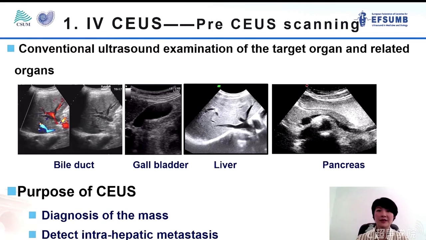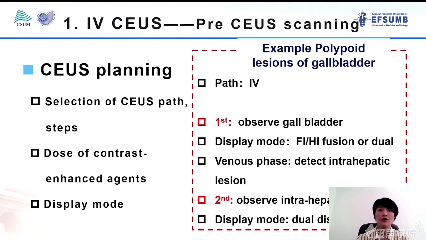The subsequent examination aims to diagnose the target mass and detect intrahepatic metastasis. To achieve this purpose, a CEUS plan should be made to select the CEUS path, dose of contrast-enhanced agents, and the proper display mode. Let's look at one example of a gallbladder's polypoid lesion.